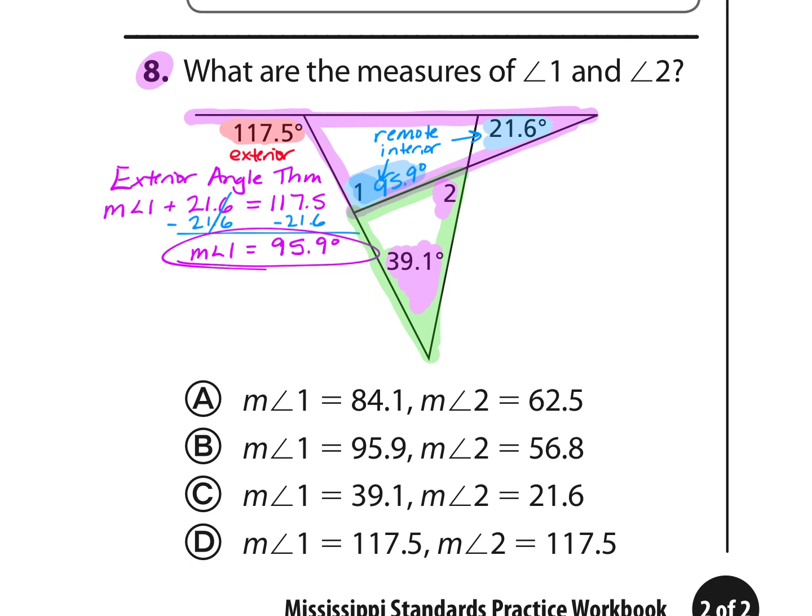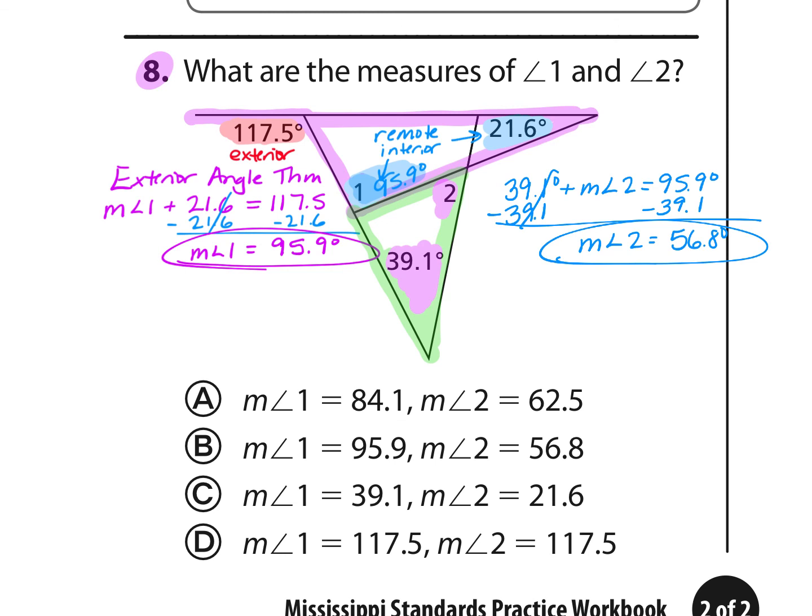So we have 39.1 degrees plus the measure of angle 2 add up to 95.9 degrees. So we'll just subtract 39.1 from both sides and get that the measure of angle 2 is 56.8 degrees. And that is answer choice B. Both of these use the exterior angle theorem.